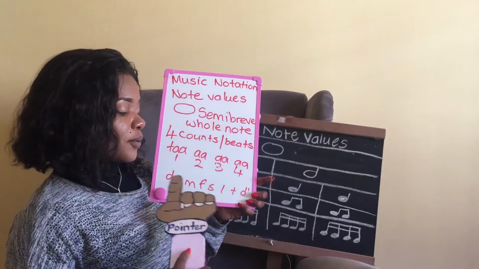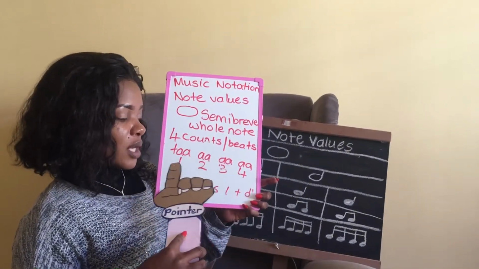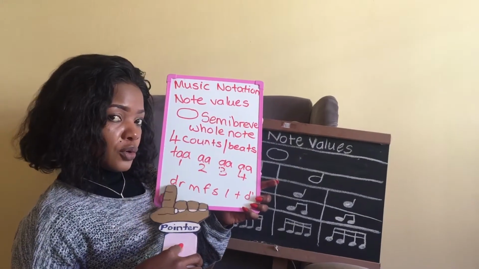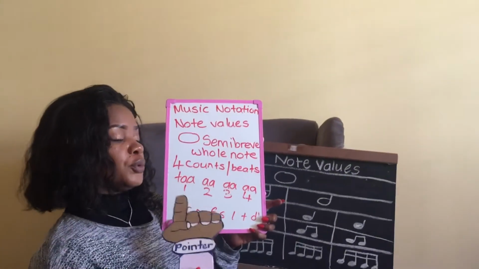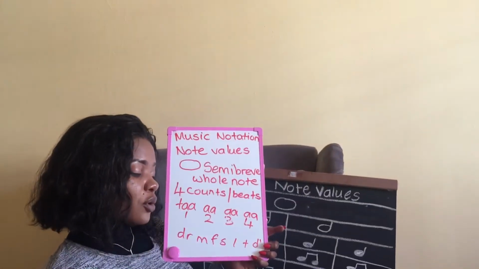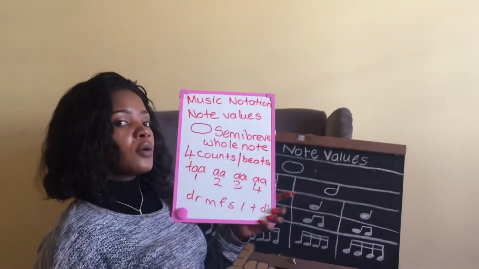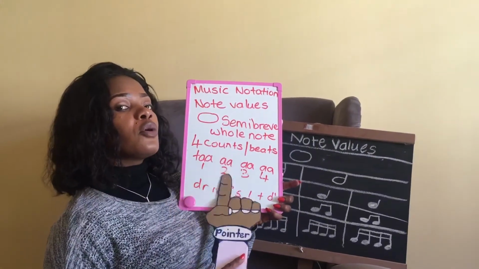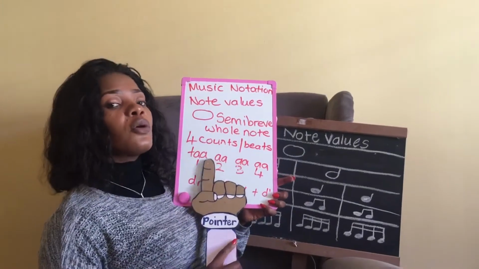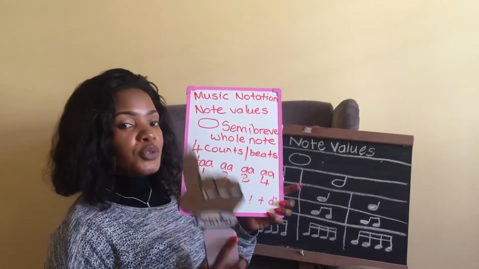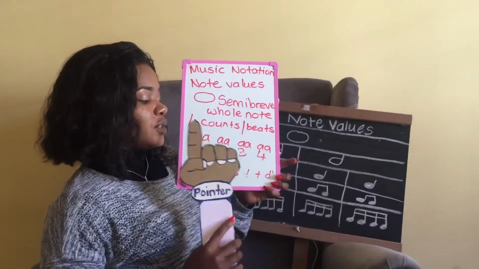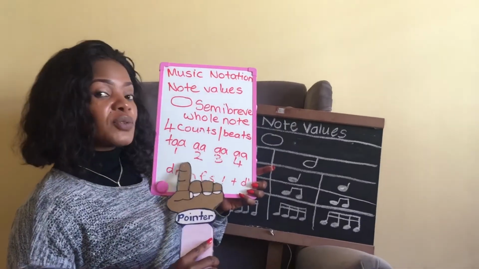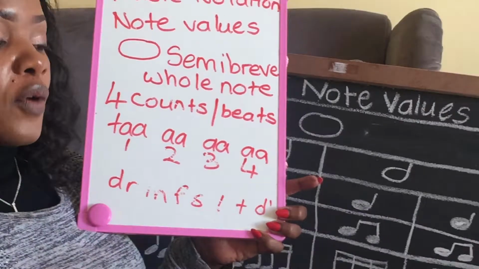For example, you want to sing the note on do. A semibreve on do. You go like this: Do, do, do, do. Even if it's a piano, you just hit it once, but you sustain it for 4 counts.